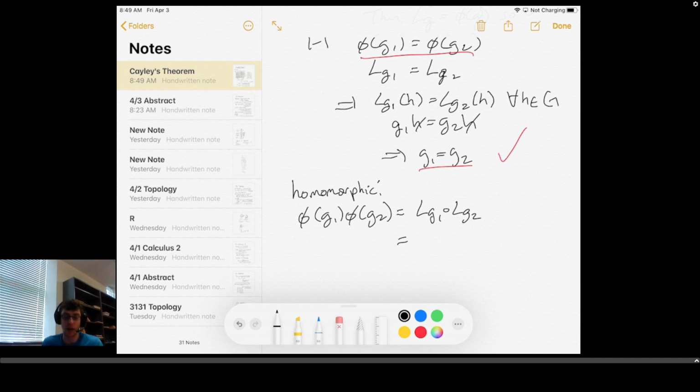What was L_{G1} composed with L_{G2} equal to? L_{G1G2}, exactly. And this is exactly phi of G1G2. And so it's homomorphic. And thus, we have an isomorphism.